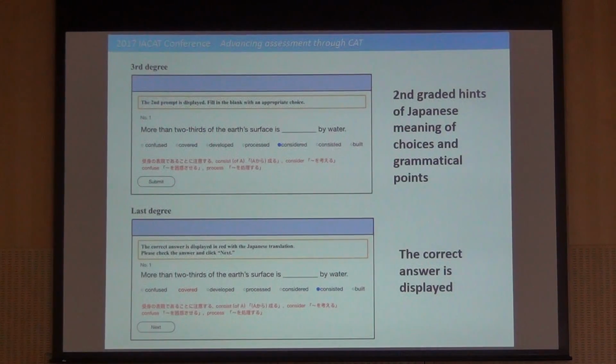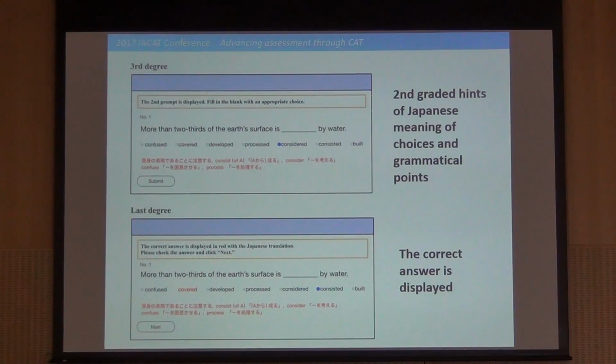Again, if the student couldn't choose the correct answer, the system goes on to the last degree and displays the correct answer, the grammatical point and strategies. The student who couldn't get the correct answer can study with this information.